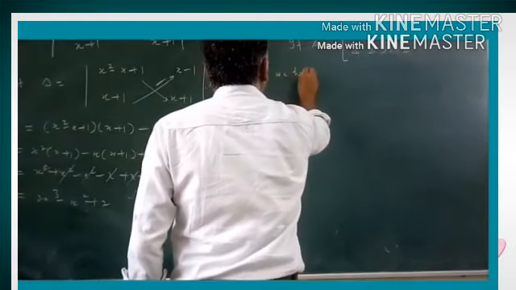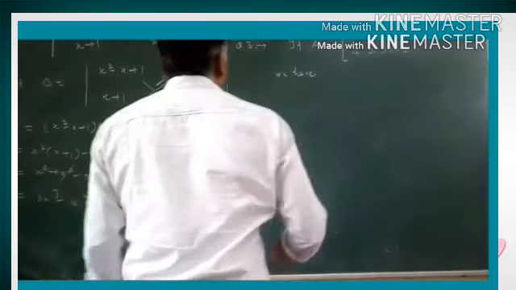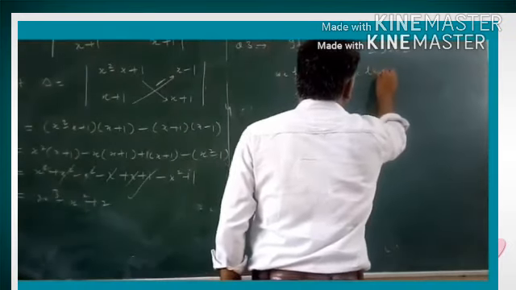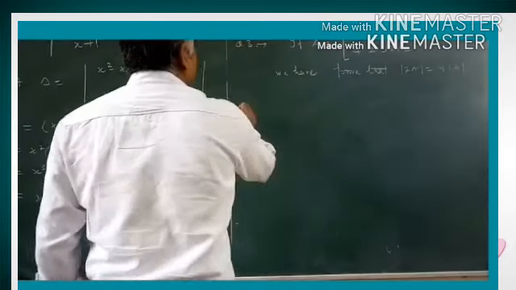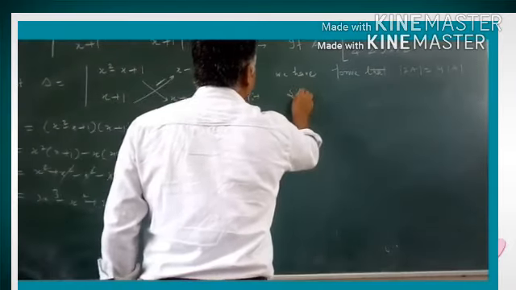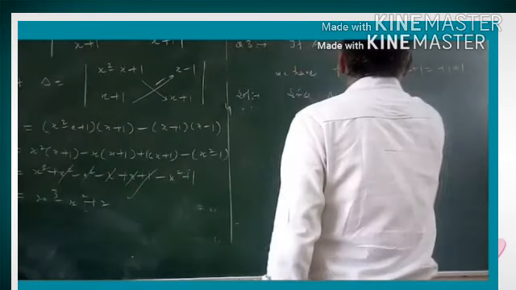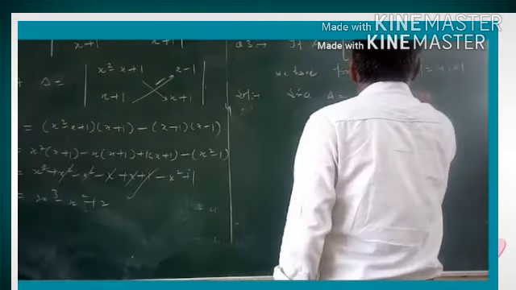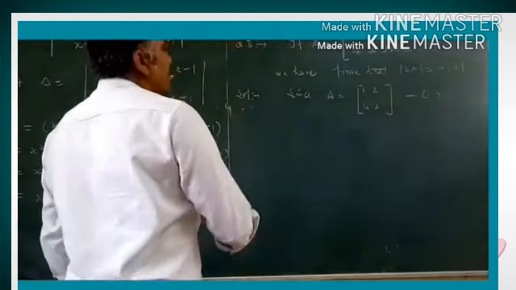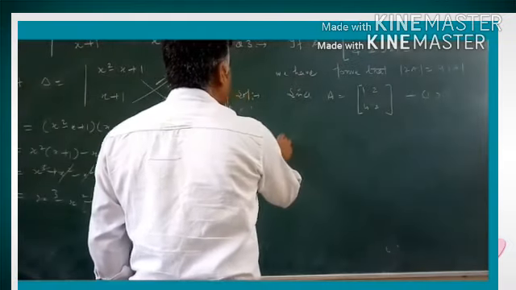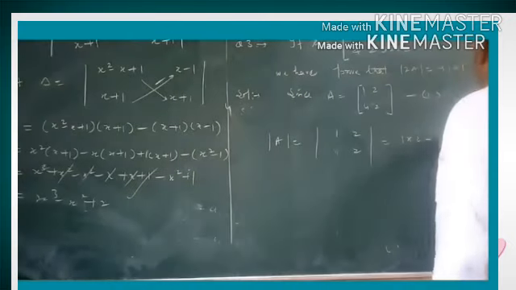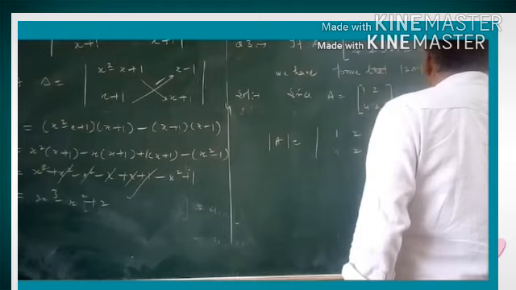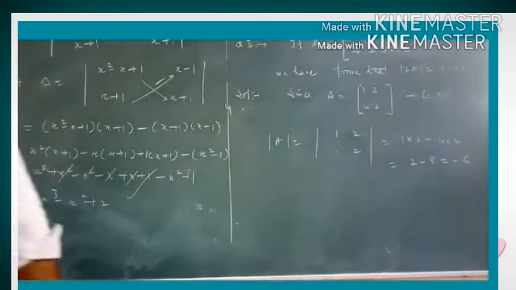We have to prove that the determinant of 2A is equal to 4 times the determinant of A. Since A is equal to |1 2; 4 2|, first taking the determinant of A. This is a second order determinant, so we take the product of diagonal elements minus the product of non-diagonal elements, which is equal to -6.